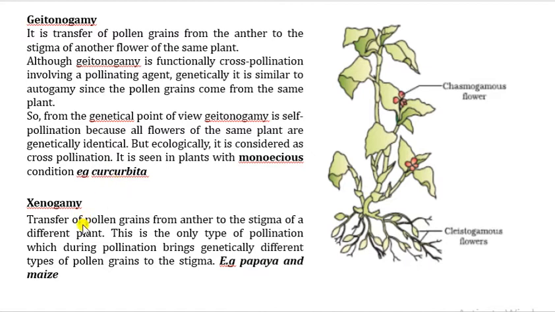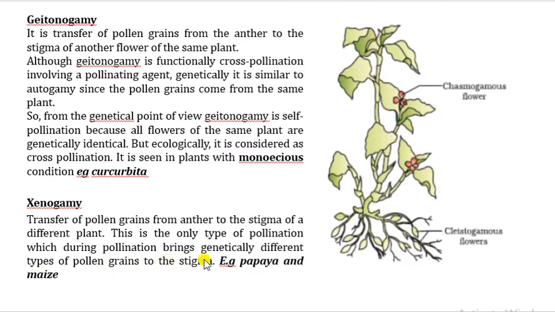Now the third mechanism of pollination is known as xenogamy. Xenogamy is also known as cross-pollination. Here the pollen grains are transferred from the anther to the stigma of a different plant. This is the only type of pollination which brings genetically different pollen to the stigma.